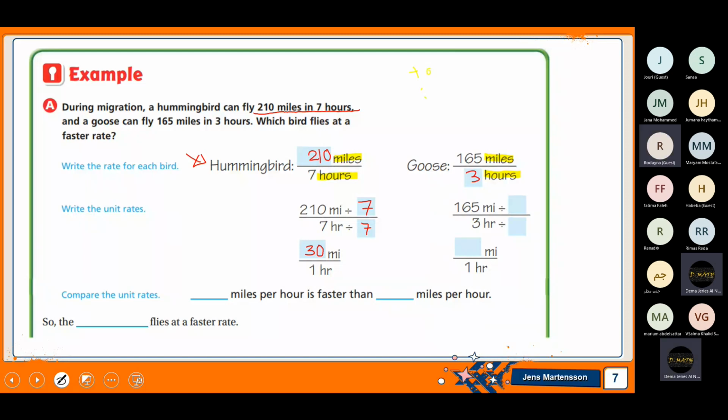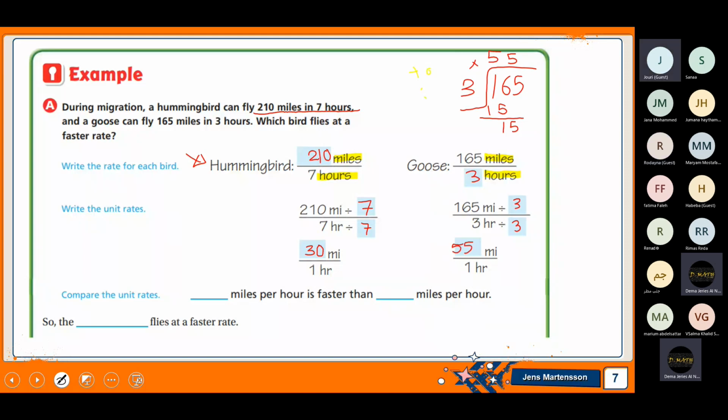The second one. Where's the denominator here? 3. So we'll divide by 3. 165 divided by 3 equals 55. 15 divided by 3 is 5.